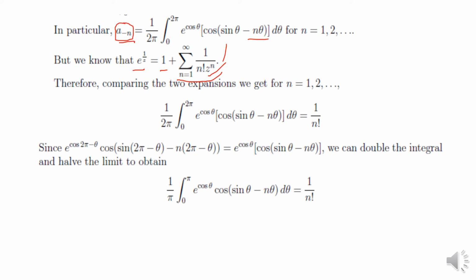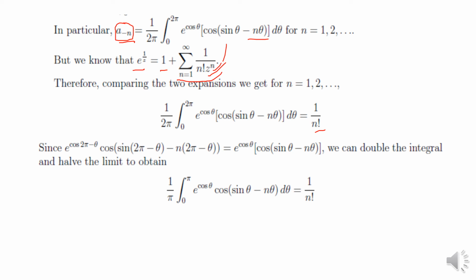So when we compared, we have written 1 upon 2 pi, 0 to 2 pi integral e to the power cos theta cos of sine theta minus n theta d theta is equal to 1 upon factorial n, because 1 upon z to the power n is not in a n, it is the multiplication part.